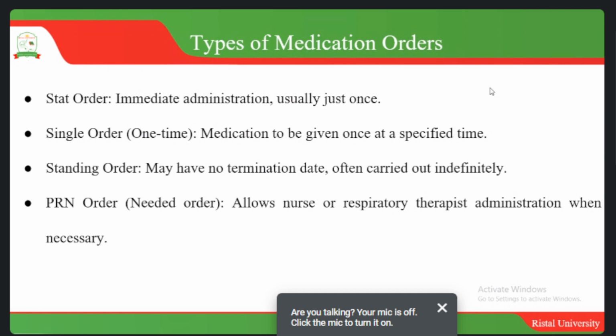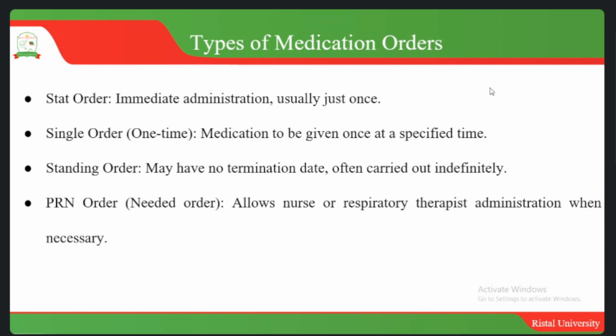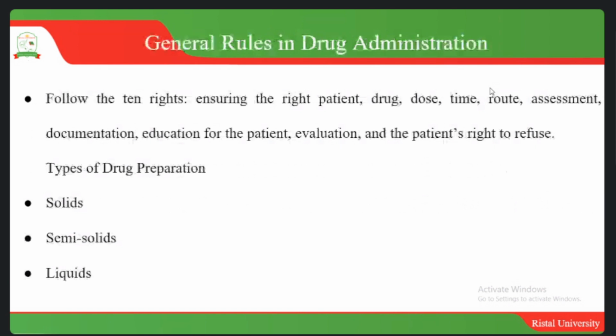You only give this drug when the patient gets a problem in relation to the use of this drug. That's when you administer it. But when the patient does not need it, don't give it. That's why they say PRN, whenever necessary. So there can also be such kind of medication orders.